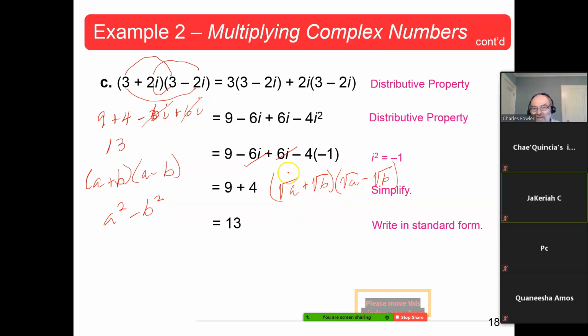And what do you get? Square root of A times square root of A is A, and square root of B times the square root of B, with the minus sign, would give you minus B. Okay, same thing that we did here, we're doing here.